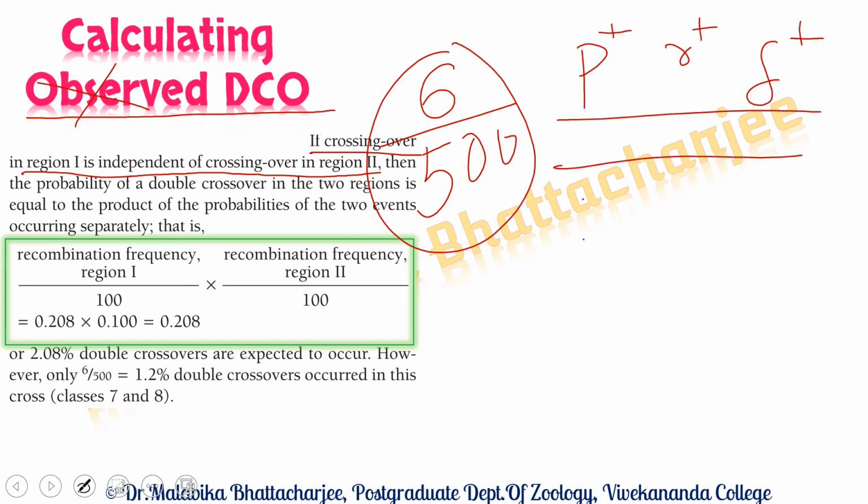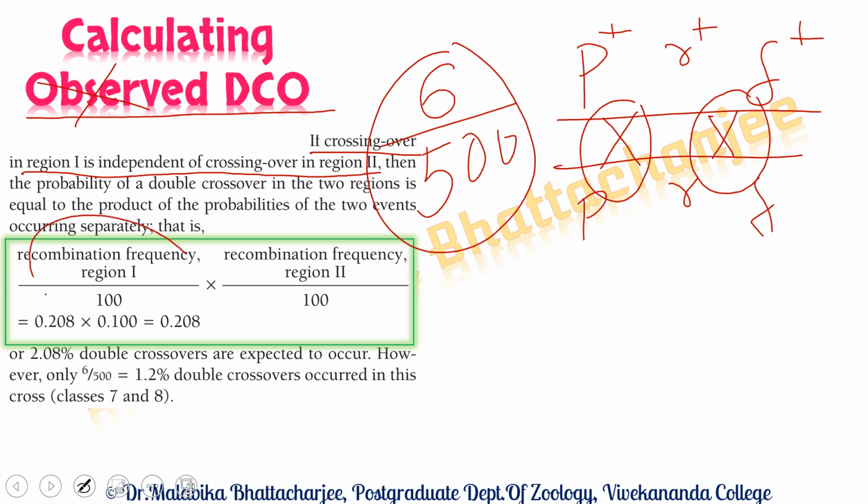Whenever we have a double crossover event, there is a crossing over occurring between P and R and J. So the concept of expected DCO is given by the fact that the crossing over between P and R is independent with respect to the crossing over occurring between R and J. If such a case arises, then the probability of double crossovers in the 2 regions is equal to the product of the probabilities of the 2 events.